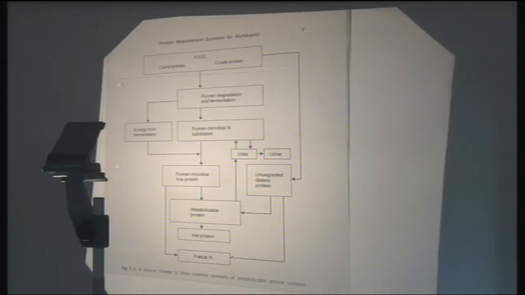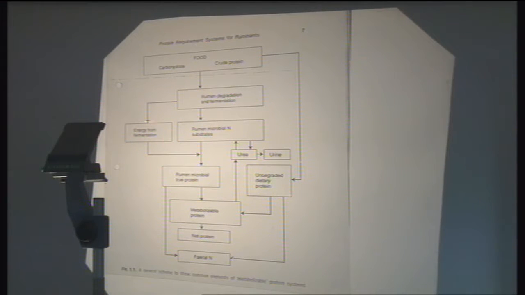This is the actual representation of the system from AFRC, the Agricultural and Food Research Council. This just puts it into pictures. We have the foods, the carbohydrate content is important, and the crude protein. Some of that is undegraded dietary protein, but some of it is rumen degraded, producing rumen microbial nitrogen.